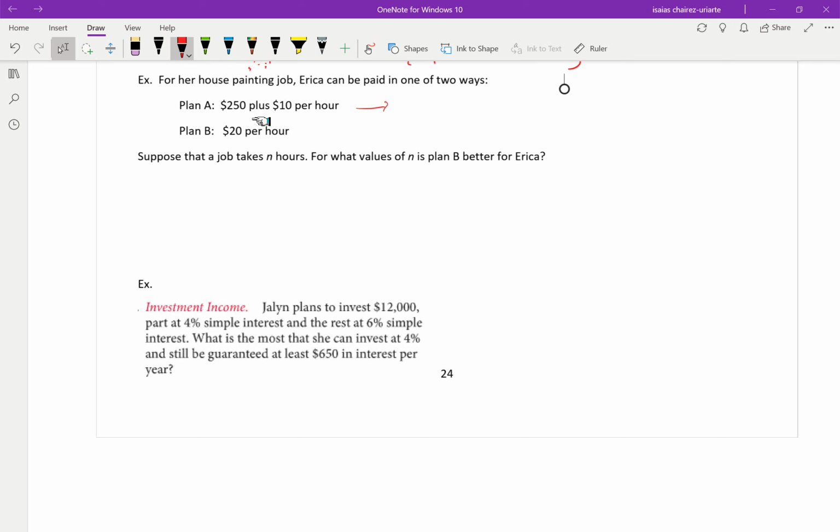This one would say 250 plus 10n, where n is the number of hours that she works. This other one would say 20n, where n is the number of hours worked.